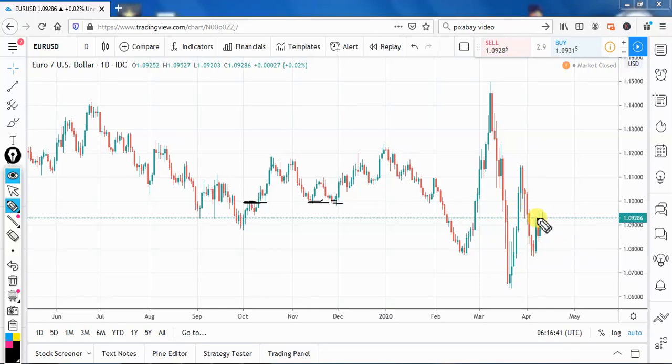So I'll be looking to short if the price comes up to the 109.80 zone. It needs another 50 pip push, so maybe in two candles, which means about two more days. Ideally, I don't want to see any strong movement towards the upside, something like this bullish candle here.